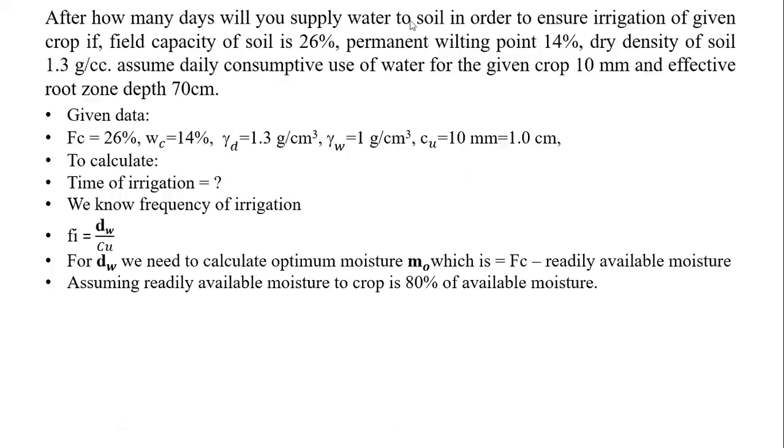I will show you with the help of a board so that you will get the idea. So what else had they given us? Okay, I will draw a straight line so that you will get an idea. Suppose that this is the field capacity.